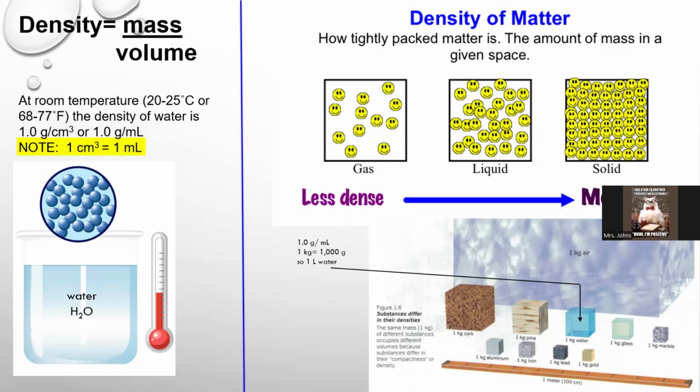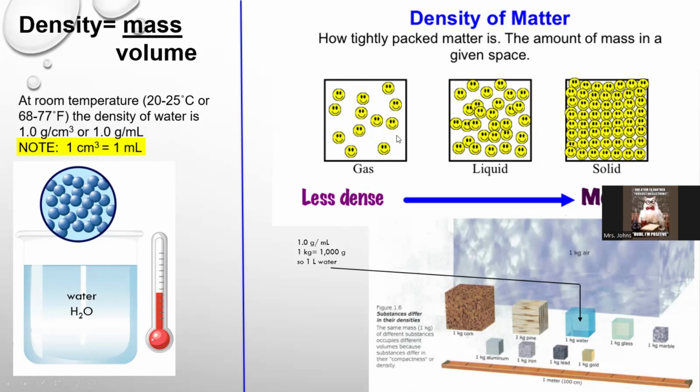And remember, 1 cubic centimeter is the same as 1 milliliter, or 1 cc is the same as 1 milliliter. So water is really nice in that 1 cubic centimeter also weighs 1 gram. That's a very handy thing to know.